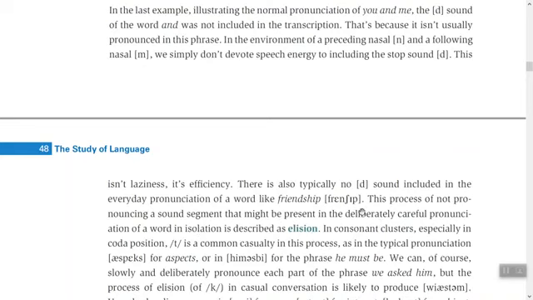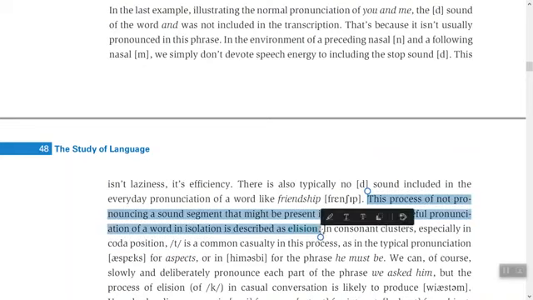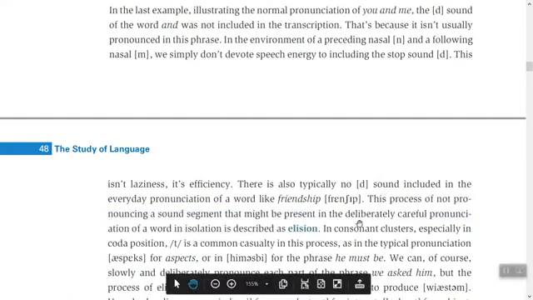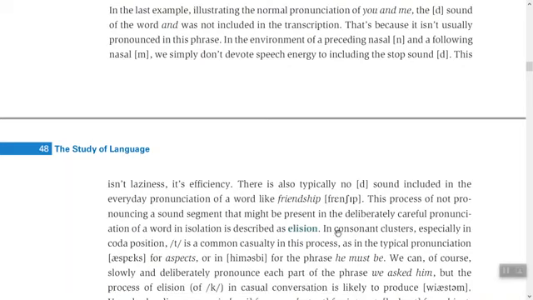This is the definition of elision. Deliberately, okay? Not undeliberately, meaning purposely, intentionally. You intend not to pronounce this sound.